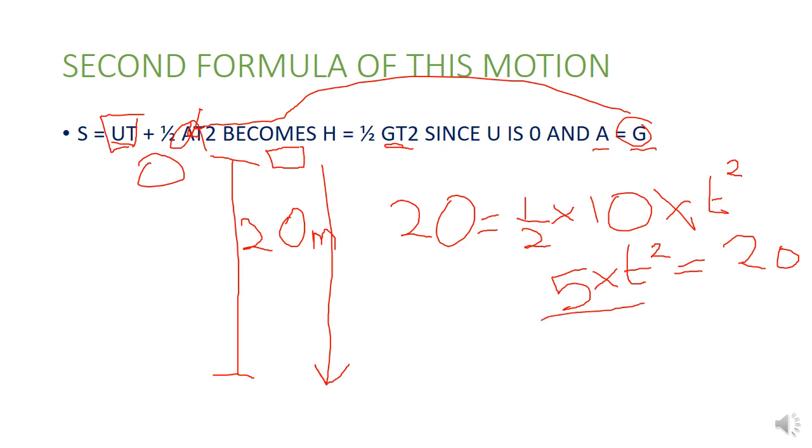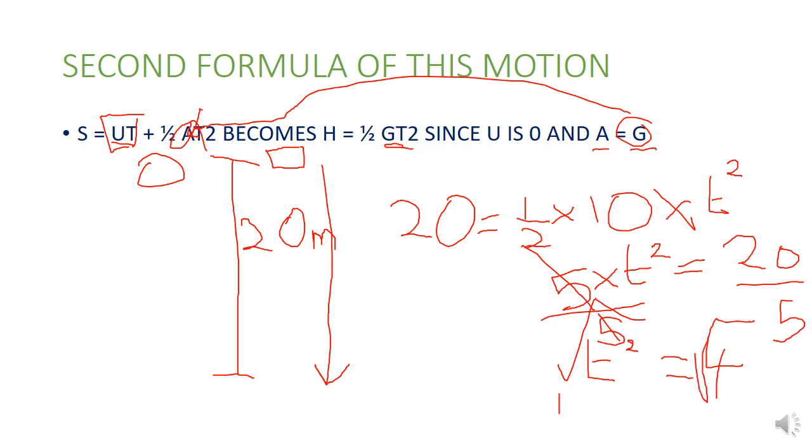So divide by 5, and the other side also divide by 5, here it becomes t squared. Now 20 divided by 5 is equal to 4. So t squared is equal to 4. If you want to get t, we square root both sides. So t will become 2 seconds. So basically, that is the time taken for the book to fall from a height of 20 meters.